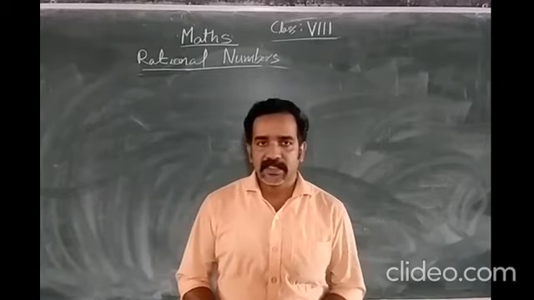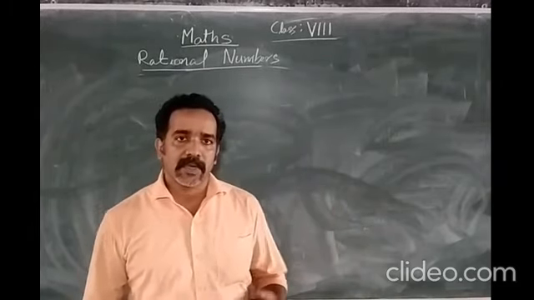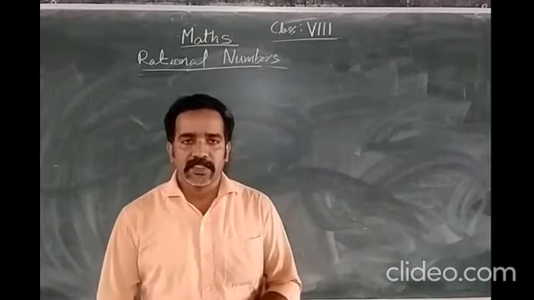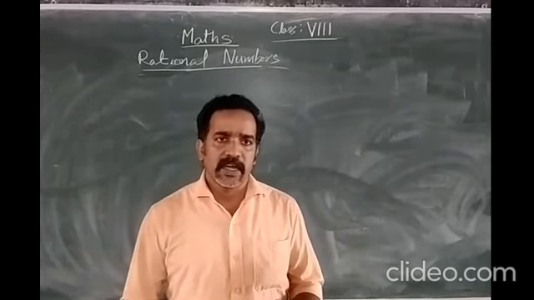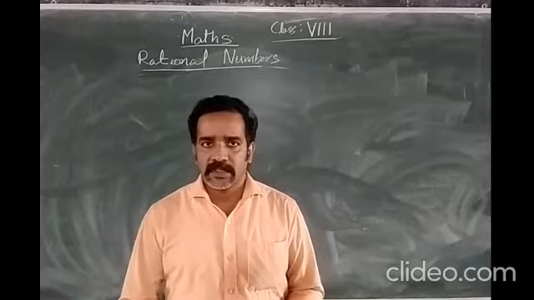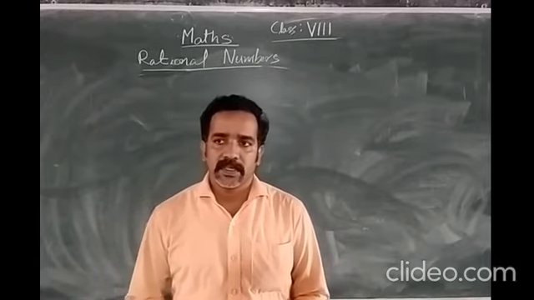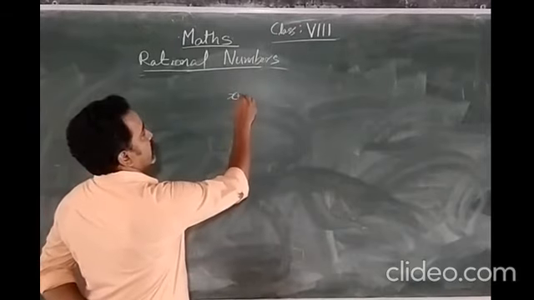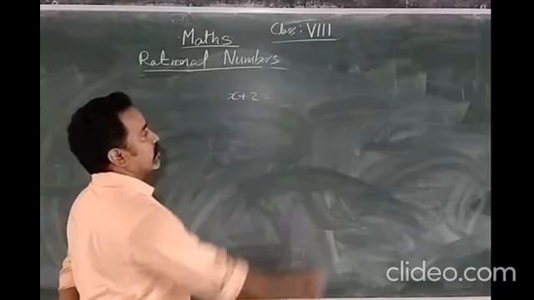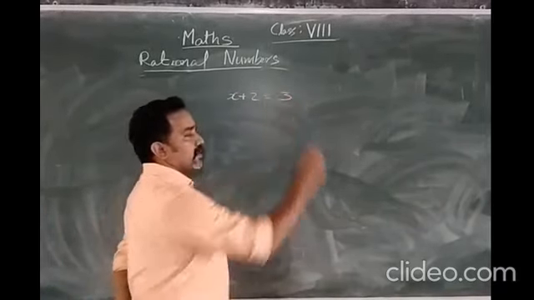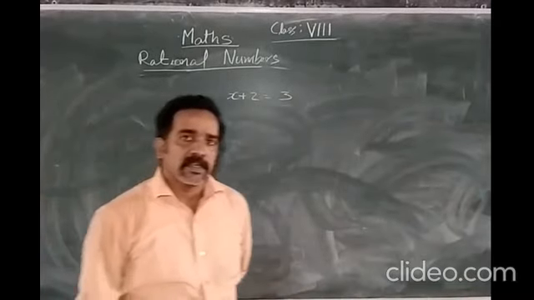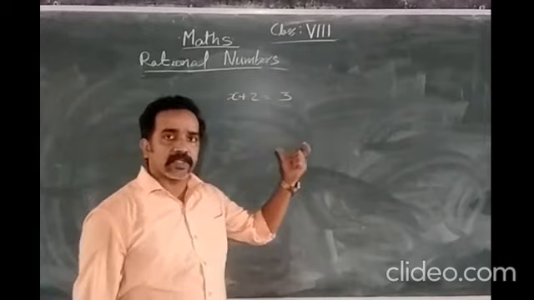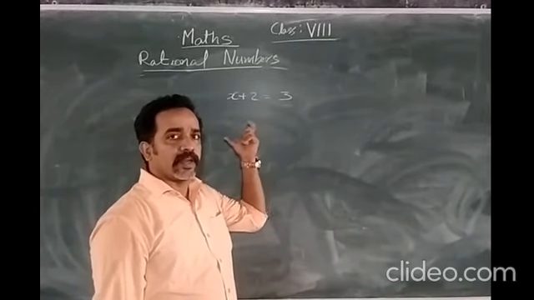In mathematics, usually we come across a simple equation. In lower classes, 7th standard and 6th standard, we studied how to solve a simple equation. For example, x plus 2 is equal to 3. This is a simple equation, and you know how to solve it. Solving a simple equation means finding the value of the variable in it.